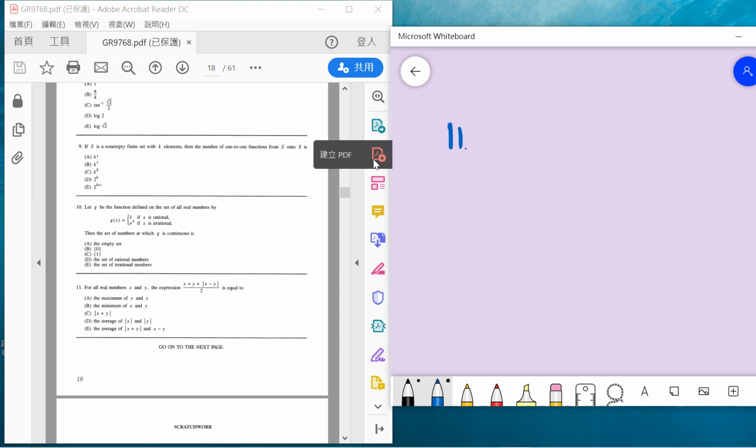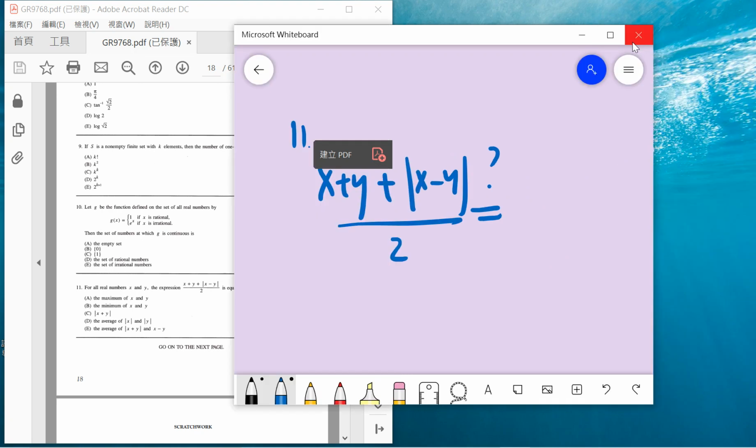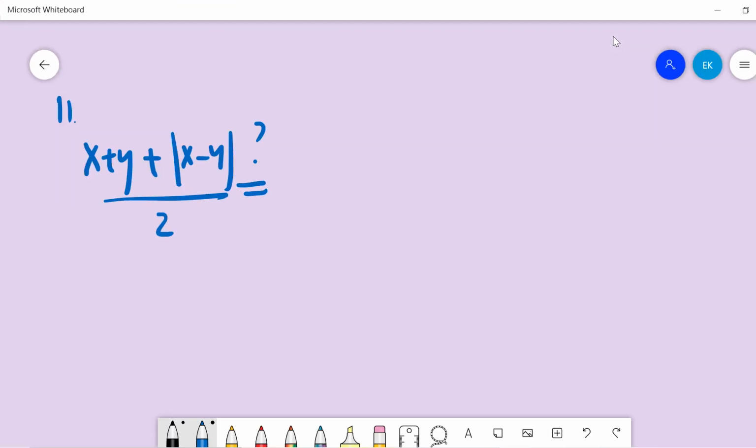Okay, so 11. For real numbers, the expression x plus y plus the absolute value of x minus y, divided by 2, is equal to. Okay, so this is simple. Suppose x is larger than y, then the expression is equal to x.